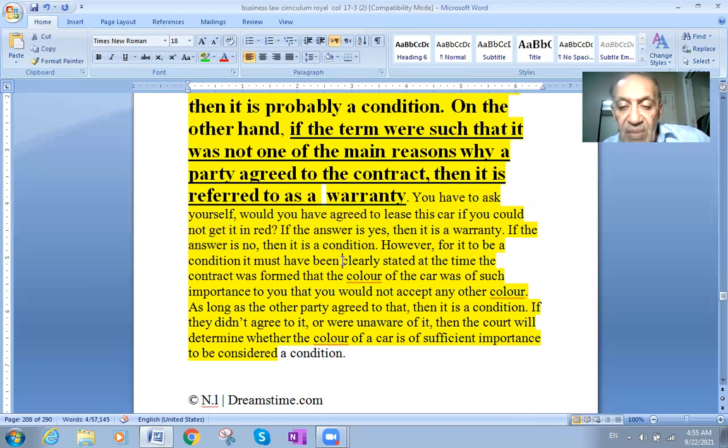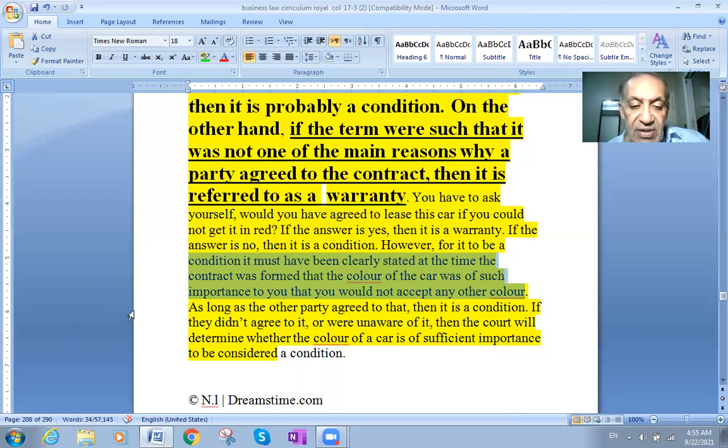However, for it to be a condition, it must have been clearly stated at the time the contract was formed that the color of the car was of such importance to you that you would not accept any other color. So you should write in the contract that you need a red color, for this to be a condition. But if you didn't write it, that means it's a warranty.